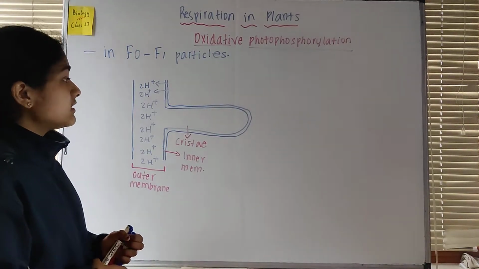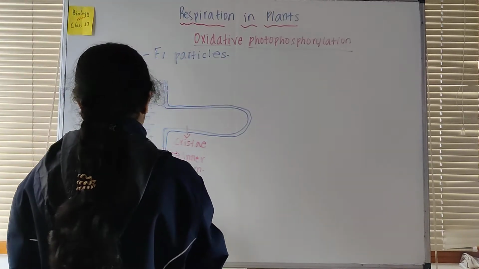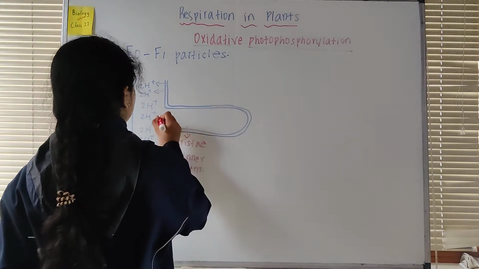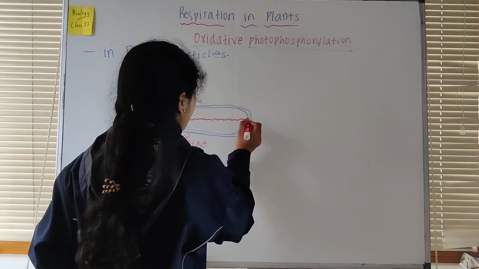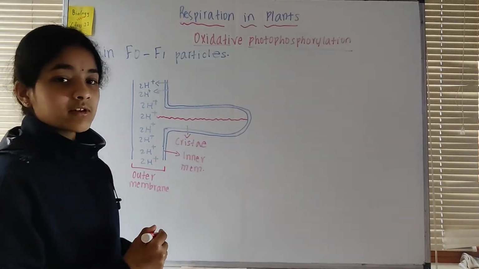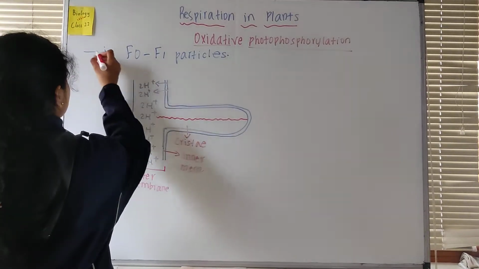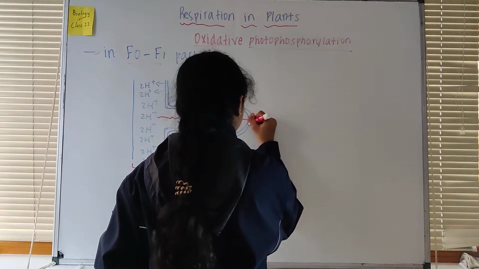Now these protons release energy, that's why we are drawing it in a wavy line like this. Somewhere here, there are some particles called F0 F1 particles. These are present here.